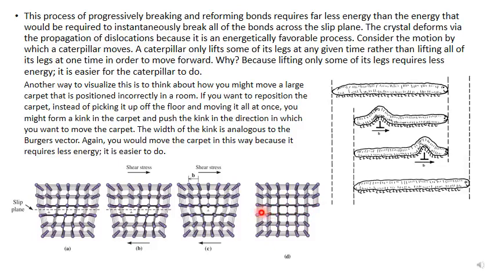We need to break 6 bonds, times the number of atoms in each layer, because this is a row. This is a layer of atoms, and this is a layer of atoms.